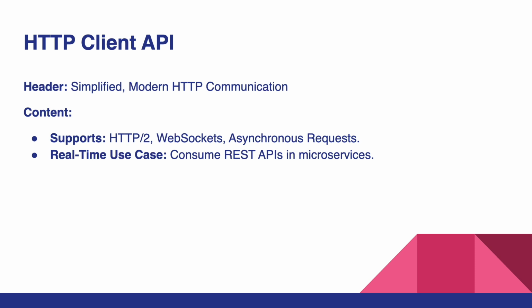Imagine you are building a microservice that interacts with external APIs. Previously, libraries like Apache HTTP client or OkHttp were necessary. With Java 11, you get a native, feature-rich API that simplifies such interactions.